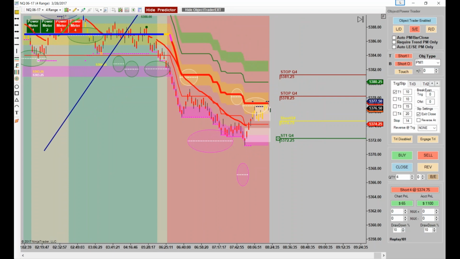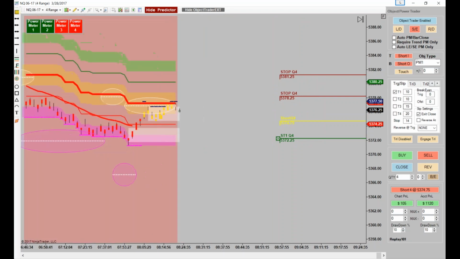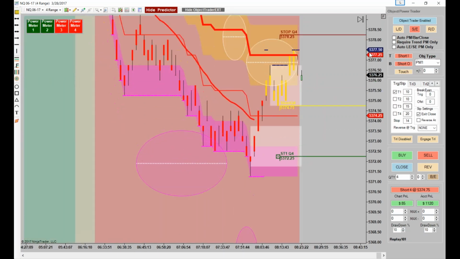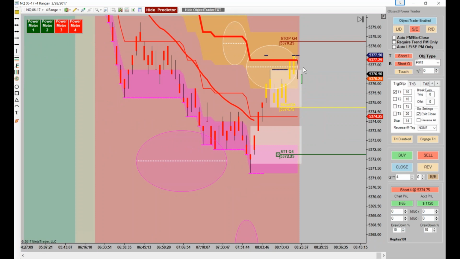And where will it fire? Let's look and see. Well, right now, unless we get a bar up, it's going to be all the way under here. I don't like that. If this bar closes up, then it'll be just under the bar. We'll see what it does.